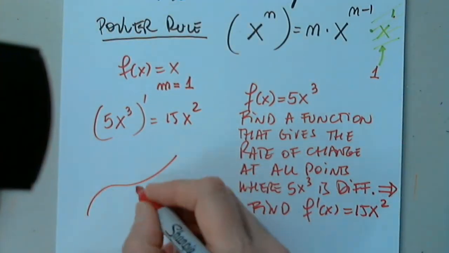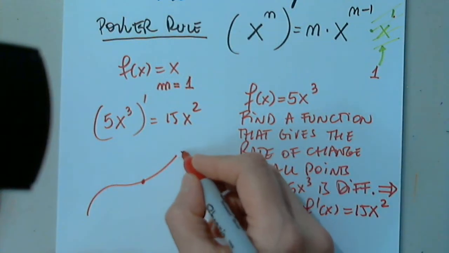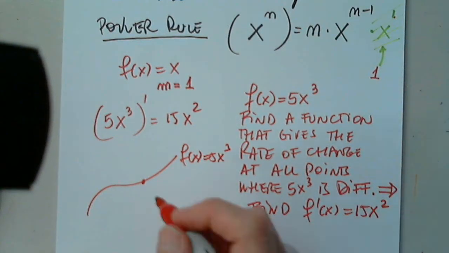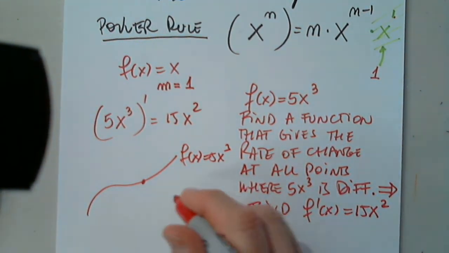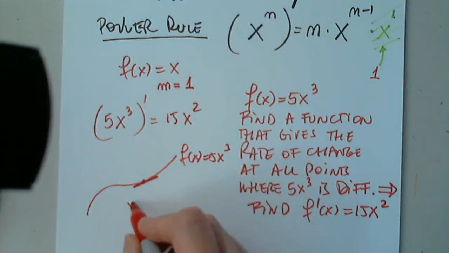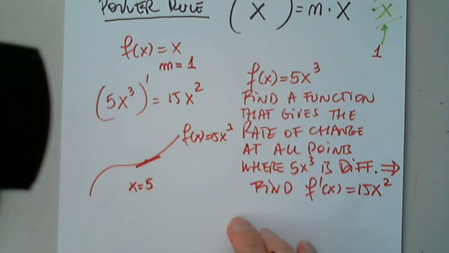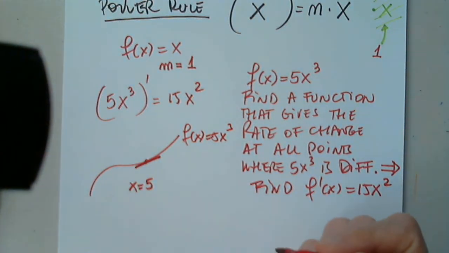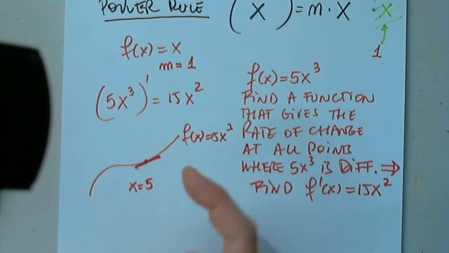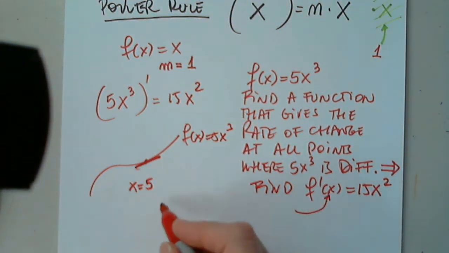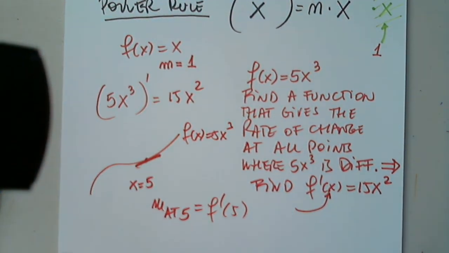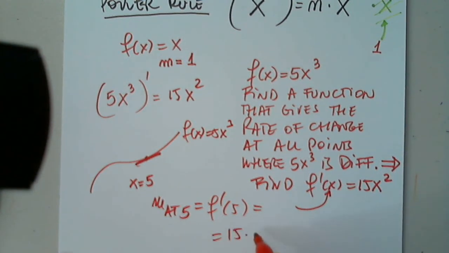And if our boss says, determine the rate of change when x is 5, which is the slope of the tangent, I'm not going to measure it. I'm asked to find the slope of the tangent at 5, which is f prime of 5, and it's 15 times 25.